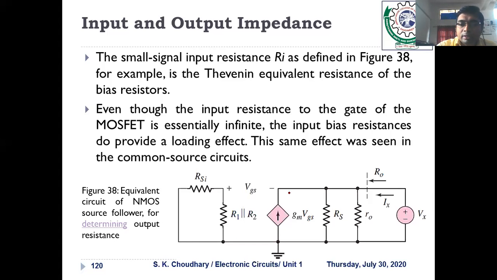Here also, first of all you draw the small signal equivalent circuit of the MOSFET, that is the dependent current source gm VGS. The direction of current shows that the output voltage produced by the common drain circuit is positive.